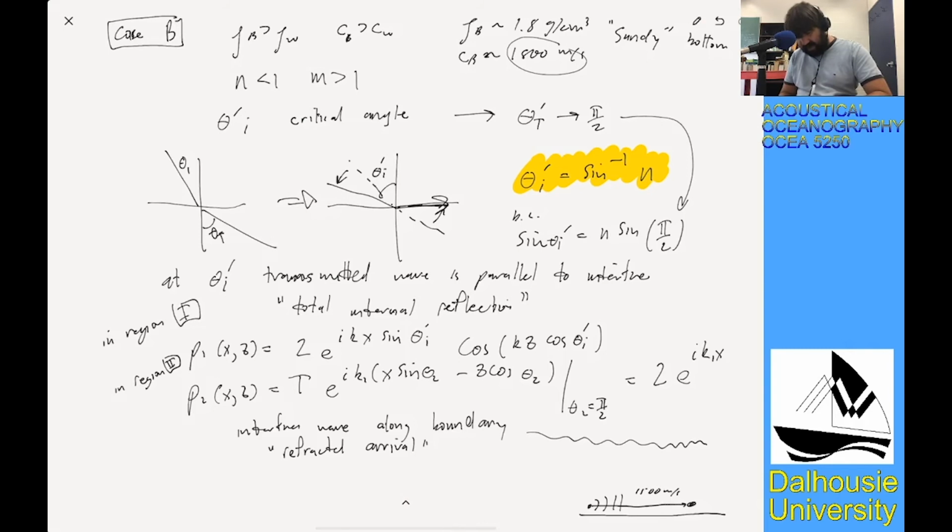The sound speed along that path is 1500 meters a second. You'll have some other path which goes into the bottom, provided the bottom has the right density and sound speed. You're actually going to have a path that travels most of the way at 1800 meters a second, so it can arrive before the direct path, this refracted arrival. So that's pretty interesting.